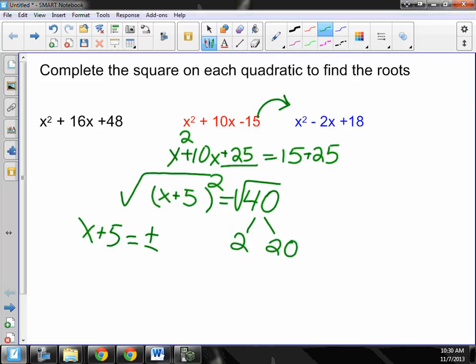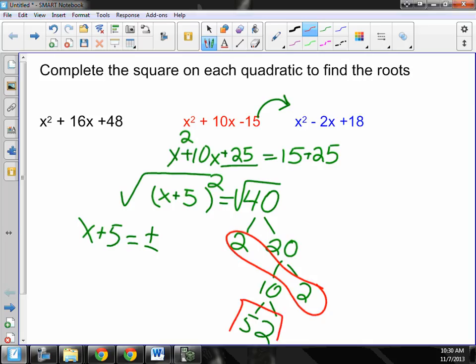What goes into 20? 10 and 2, and 5 and 2. Can I bring anything out? I can bring out a set of 2's, and what's left? The 5 and a 2. So what's on the outside? 2 root 10. Does anybody not understand that?